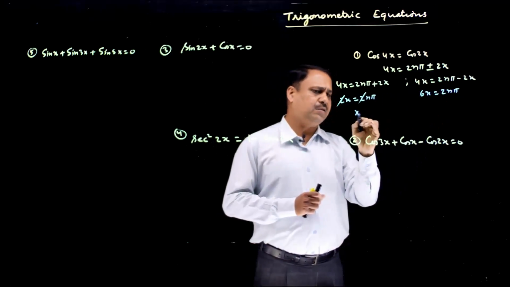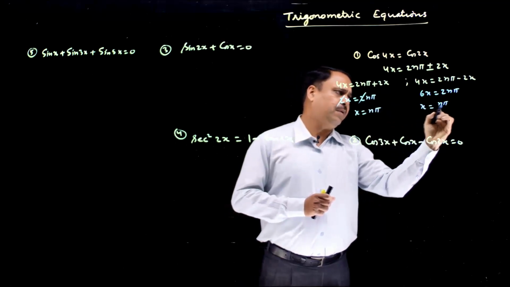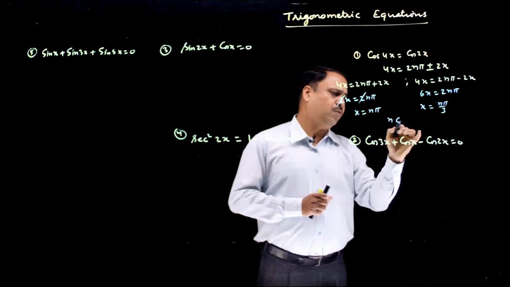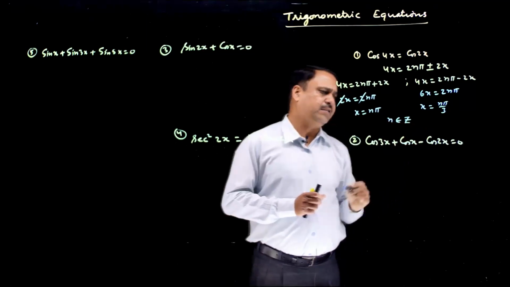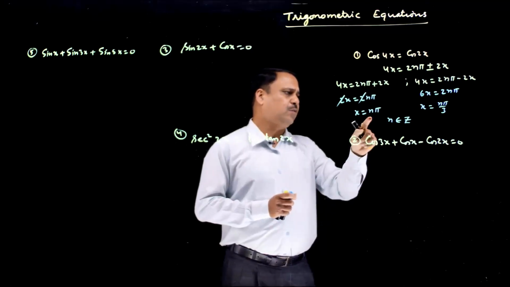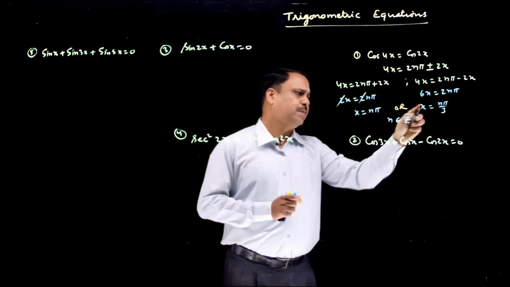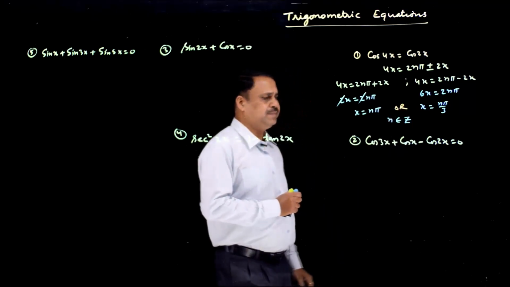So x is equal to n pi and x is equal to n pi by 3, where n belongs to set of integers. This will be the solution. x is equal to n pi or x is equal to n pi by 3, the solution of this.